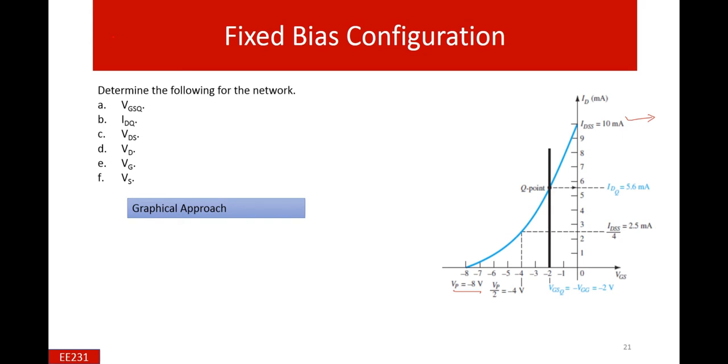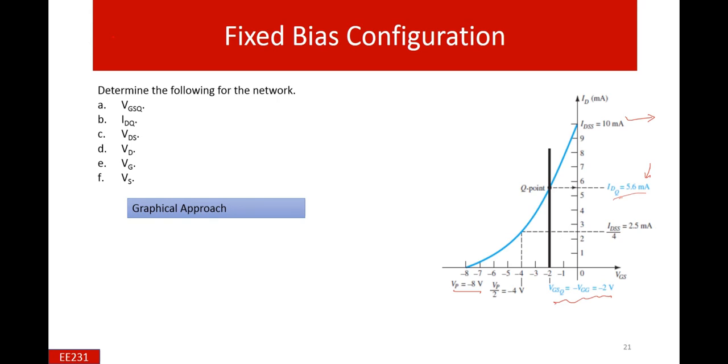We are operating this device at VGS equal to minus 2 volt. If we draw the vertical line, then this is the Q point, and correspondingly we can find the approximate value. Apparently the current is 5.5, but we know the actual value, so it is 5.6 milliampere.